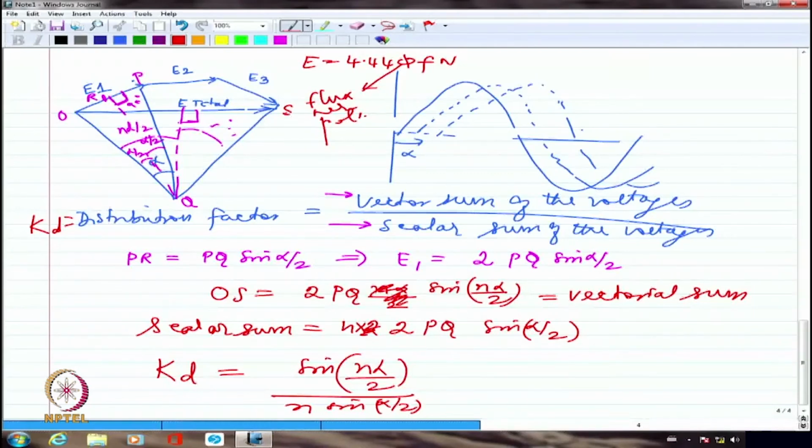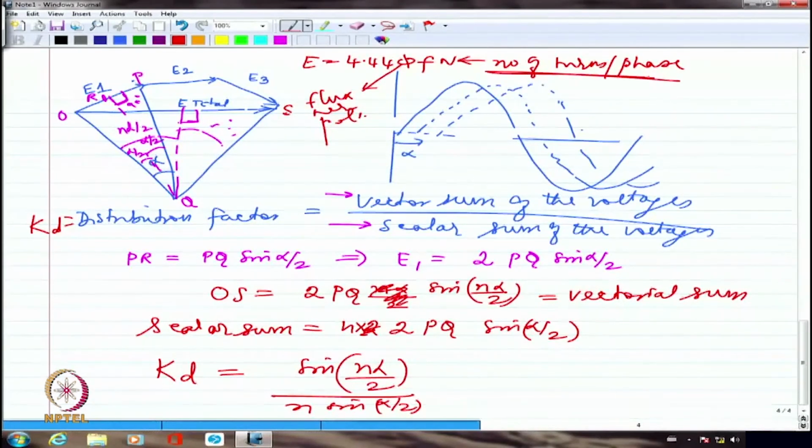Correspondingly for the south pole, I will have A dash, A1 dash, A2 dash and so on and so forth. So we are looking at the voltage ultimately induced which corresponds to flux per pole, right? But when we are multiplying, this will be the number of turns per phase.